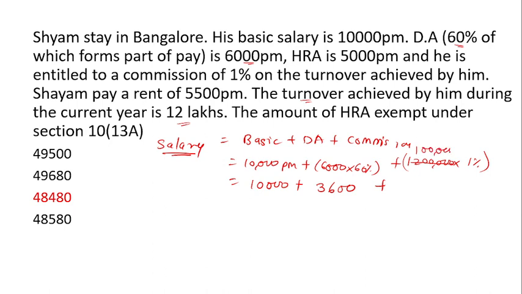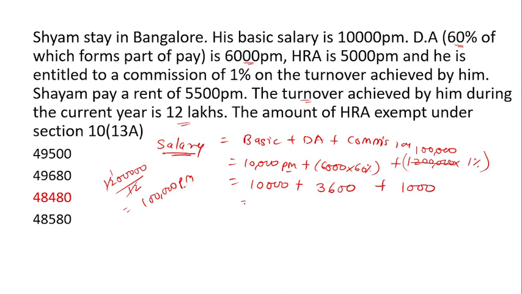Because basic is per month and DA is also per month, we also calculate the commission per month. So 12 lakh divided by 12, that is 1 lakh per month. Then 1% of 1 lakh is 1,000.